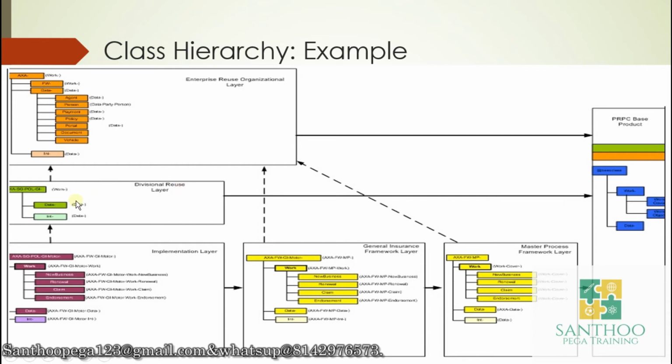Whatever the work classes or data classes, their behavior comes from these base classes. That is what we need to understand about how the class hierarchy helps to find the rule, create a work object, store and retrieve data, and call many functionalities.